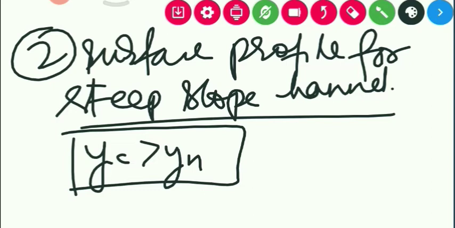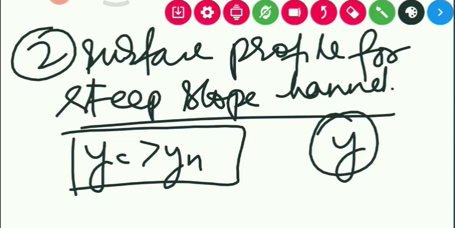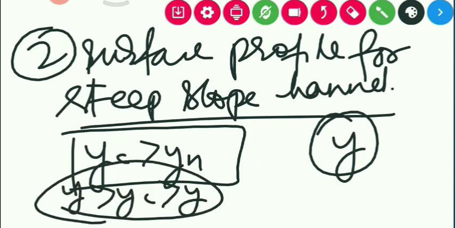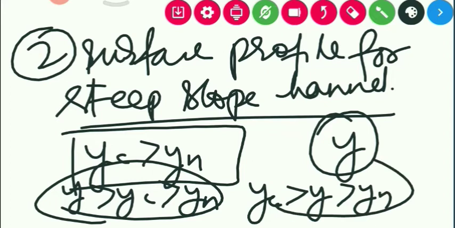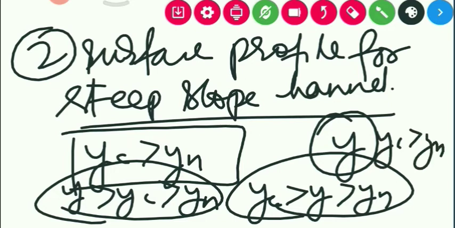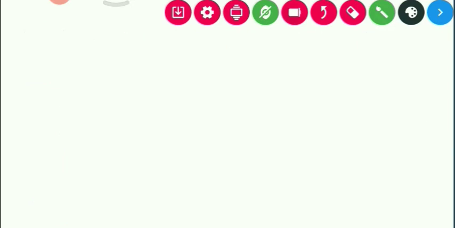If we have any depth y, we again have three kinds of zones. In zone 1 we have y greater than yc greater than yn. In zone 2, y will be lying between yc and yn, and in zone 3, y will be the smallest of these two values, in which yc is greater than yn is greater than y. So we have three zones.